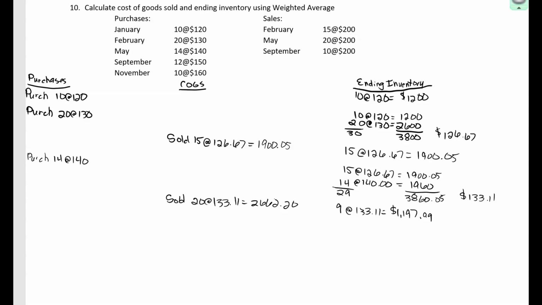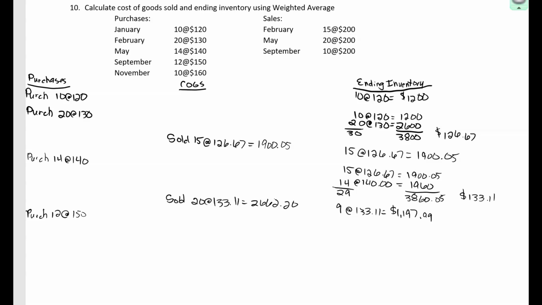Okay, we purchased some more. We purchased 12 at 150.